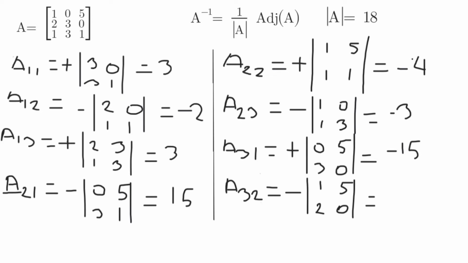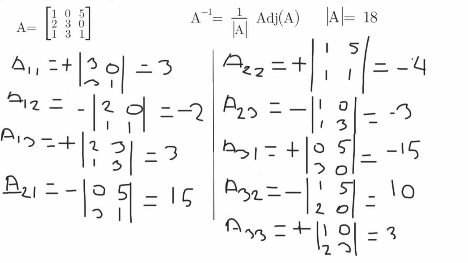You just need to know how to calculate the determinant of a 2 by 2 matrix and the concept of cofactors. If you don't know the concept of cofactors, you can watch my previous video. So it is going to be equal to positive 10. And last, we are going to find A33, the cofactor of the last element. It is positive of the determinant of 1, 0, 2 and 3. So it is going to be equal to positive 3.